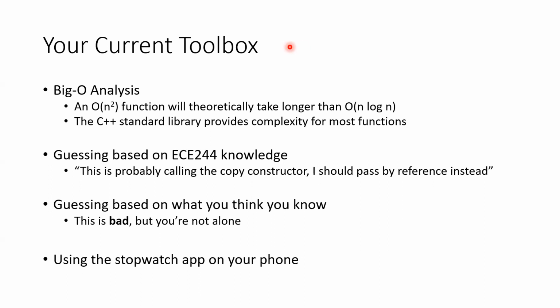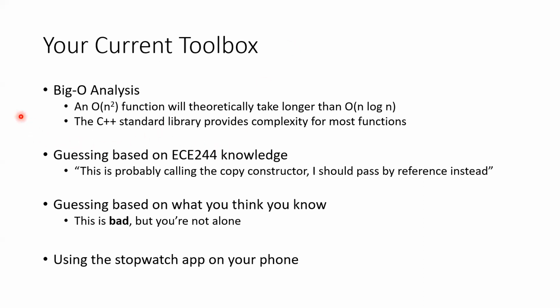Theoretically, an O(n^2) function will take longer than O(n log n) for a large enough n. And the STL library provides the complexity for most of its functions that you may use.